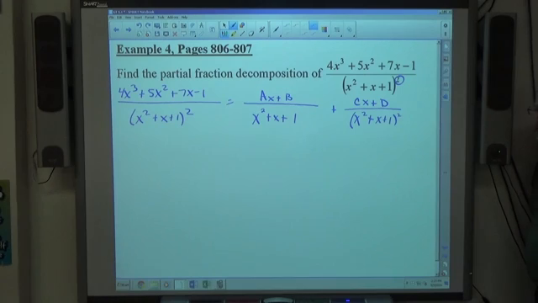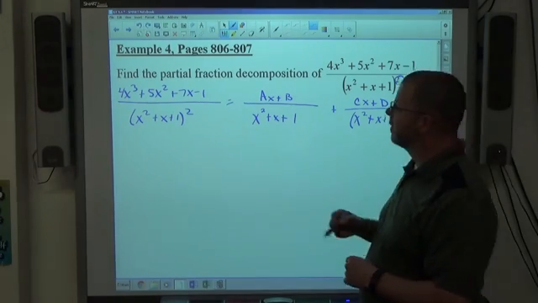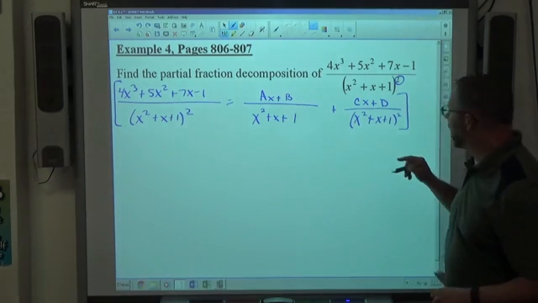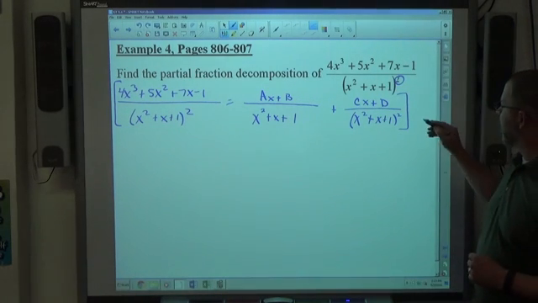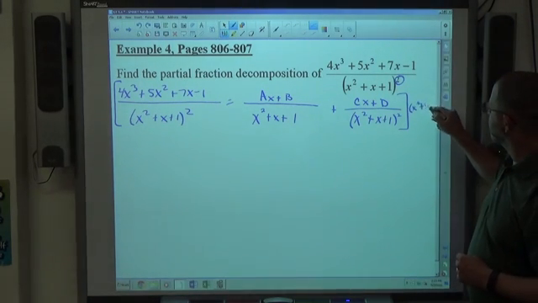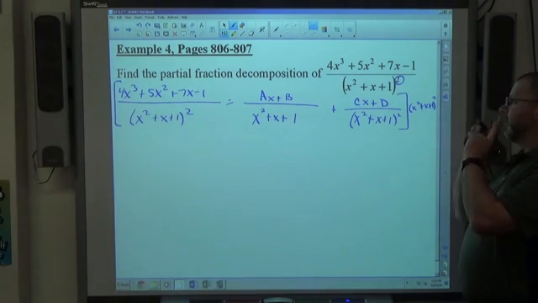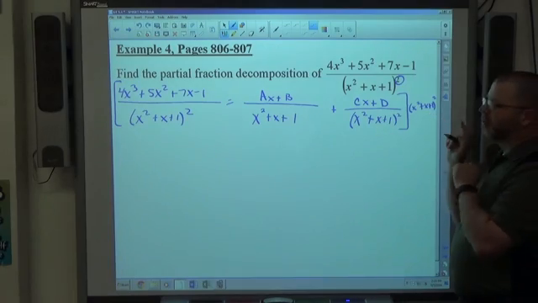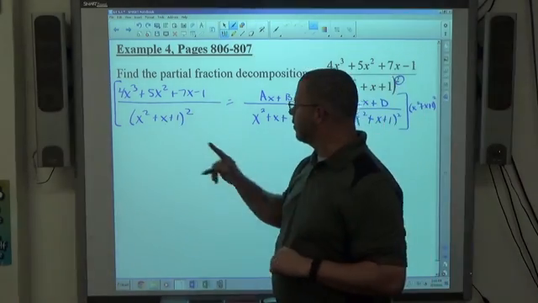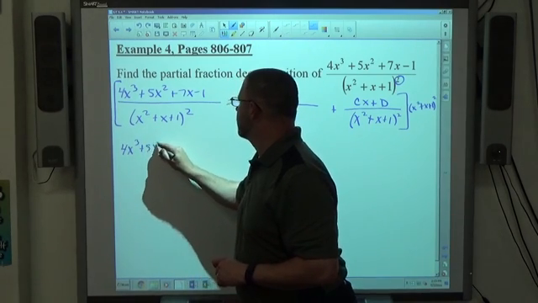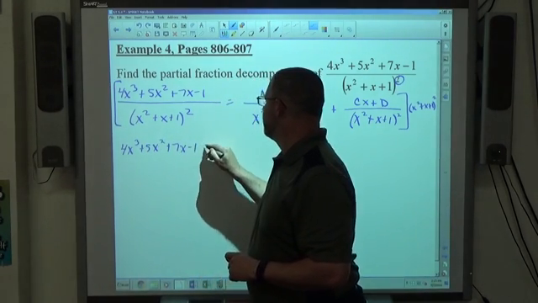Neither one of my denominators are linear, so that cover-up method will not work at all on this problem. So we have to go with what we did yesterday. No shortcuts on this one. And what I've got to multiply by is the least common denominator, which is just x squared plus x plus 1 squared. So when I multiply the first fraction times x squared plus x plus 1 squared, both the denominators cancel, so we're going to get just the numerator 4x cubed plus 5x squared plus 7x minus 1.